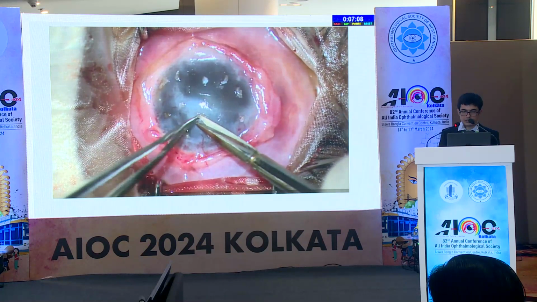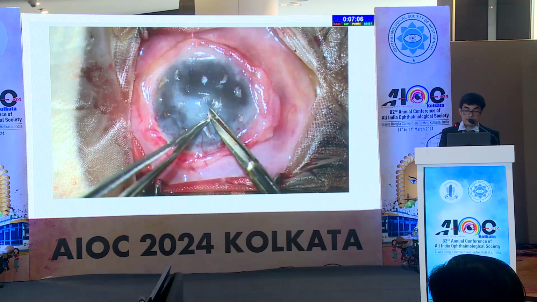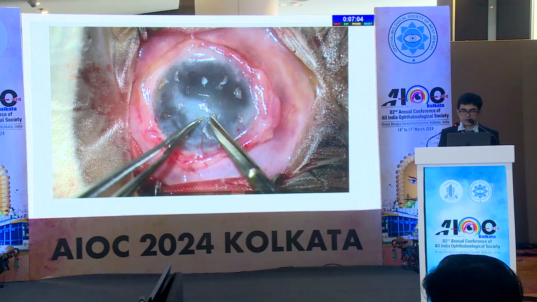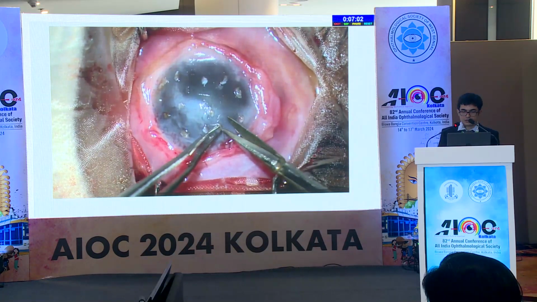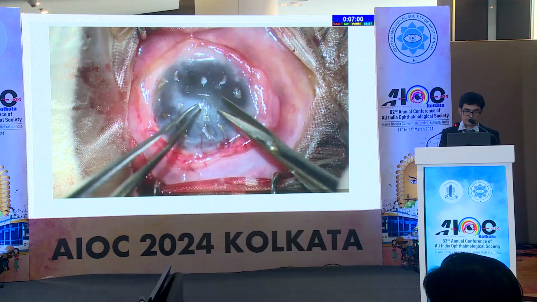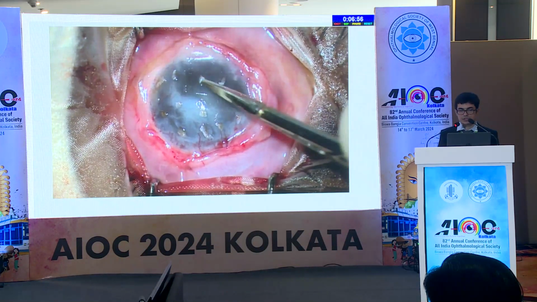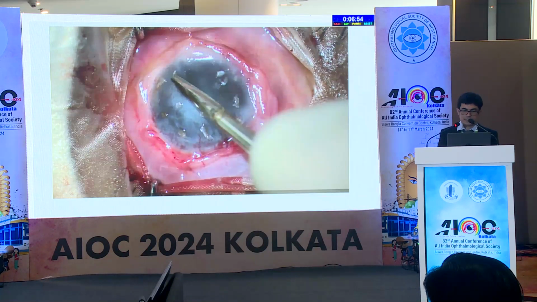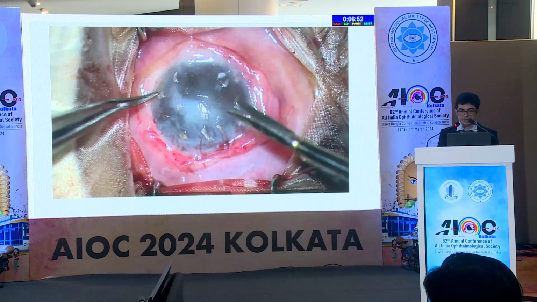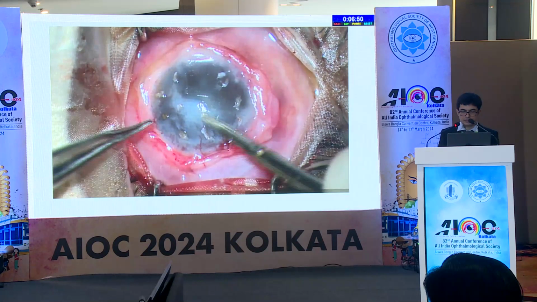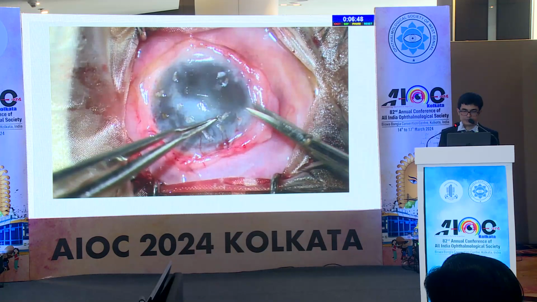So they are placed all around. They are placed epithelial side up, which can be seen. The white side is the stromal side. So epithelial side up, we try to place, although the stem cells will find their niche even if placed the other way around, but we try to place them epithelial side up.